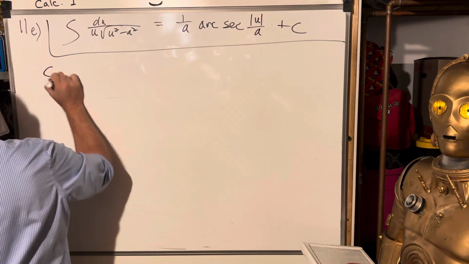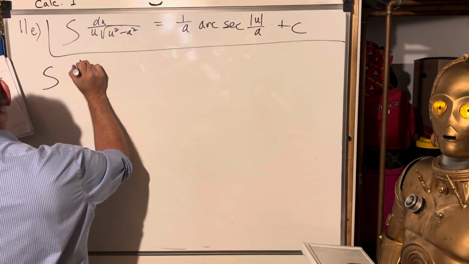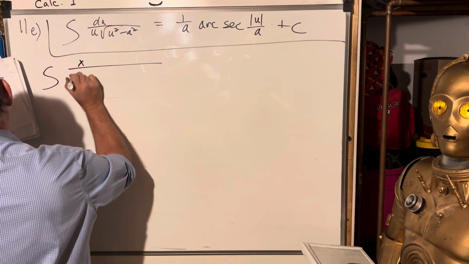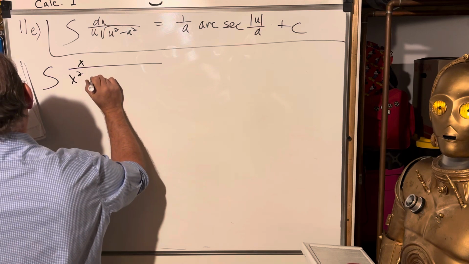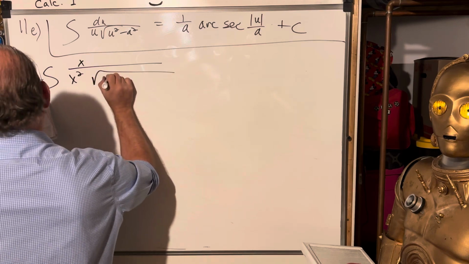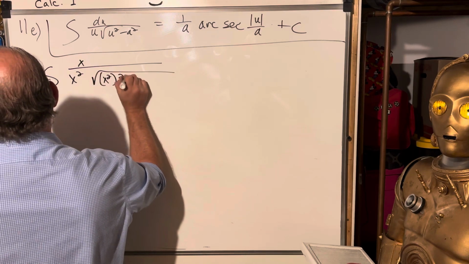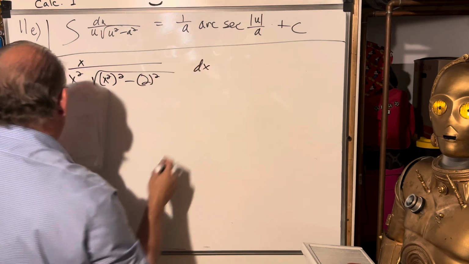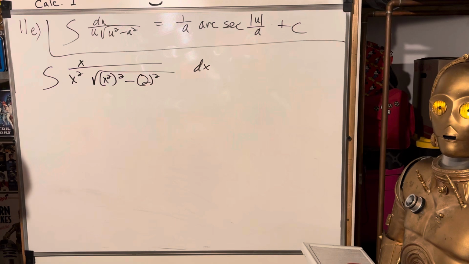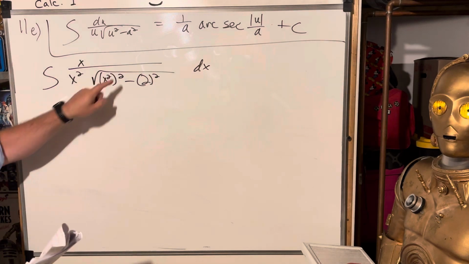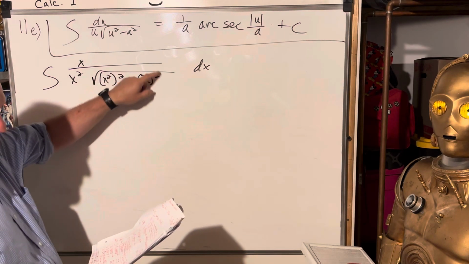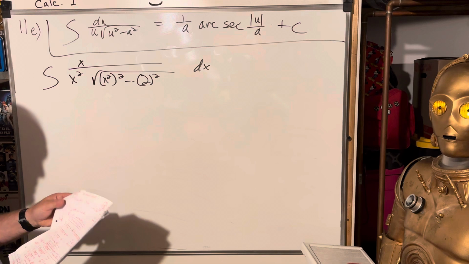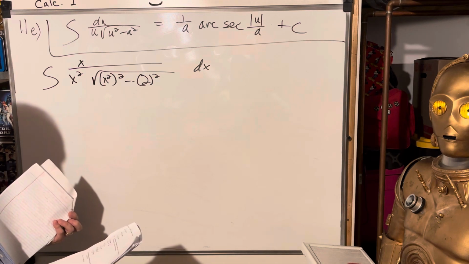Let's do it. We got the integral of x over x squared times the square root of x squared squared minus 2 squared, dx. All right, so instead of x to the fourth, I wrote x squared squared. Instead of 4, I wrote 2 squared. I think everything else is the same.